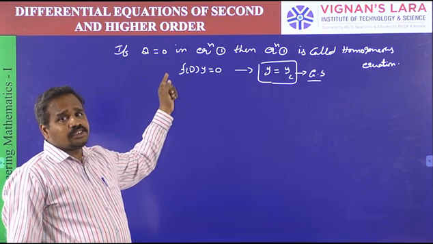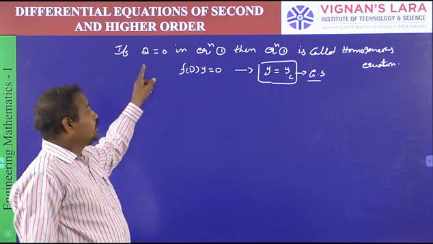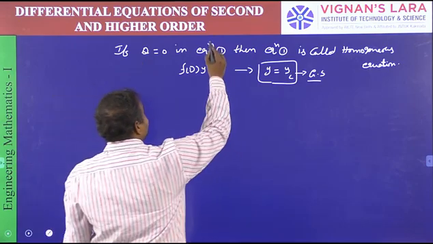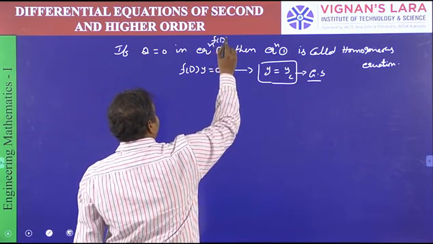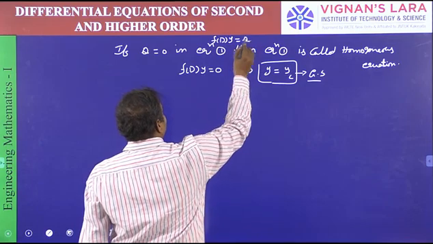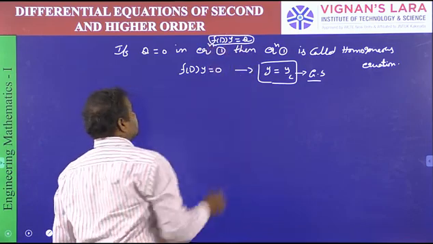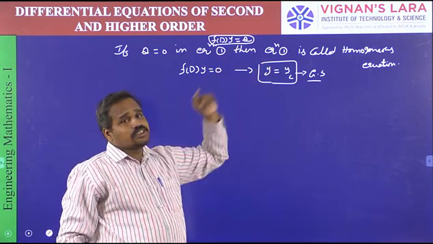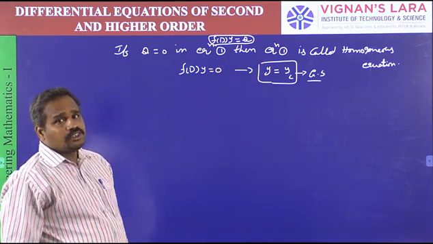We do not evaluate the particular solution if the given equation is a homogeneous equation. When is it homogeneous? Look at the right hand side of equation 1, F of D into y is equal to Q. If the right hand side term is 0, then that equation is said to be homogeneous.